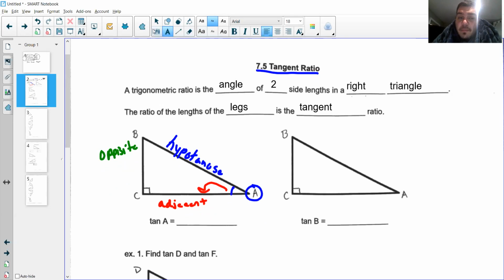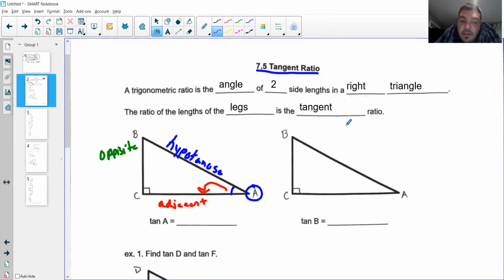Now, this is something very important. Definitely write this down, box it if you need to. The tangent of theta, and we use that symbol, a circle with a little line in the middle, to talk about angles, will always equal the opposite side over the adjacent side.